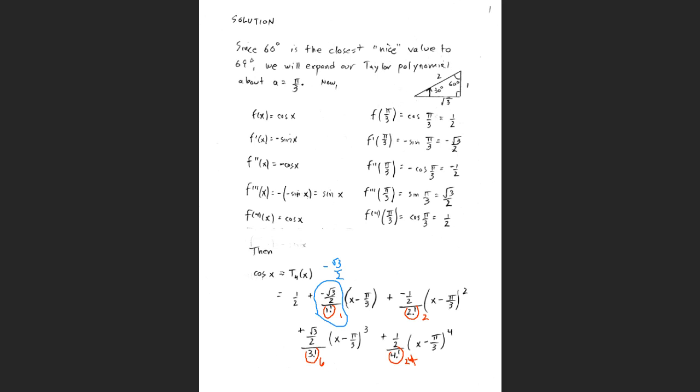The second coefficient, negative a half divided by 2, is negative a fourth. The third coefficient, root 3 over 2 divided by 6, is root 3 over 12. And the last coefficient, a half divided by 24, is 1 over 48.